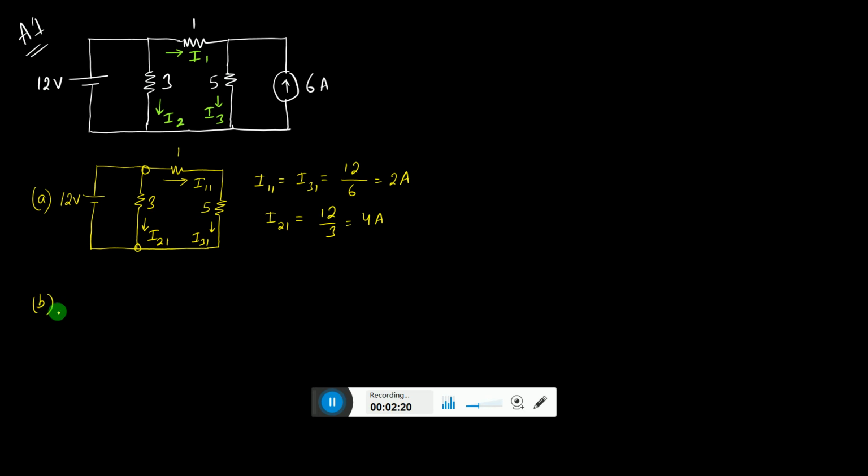We can have another circuit where we have a 6 ampere source, but the 12 volt will be removed and replaced by its internal resistance, that is 0. So 0 resistance is a short circuit.